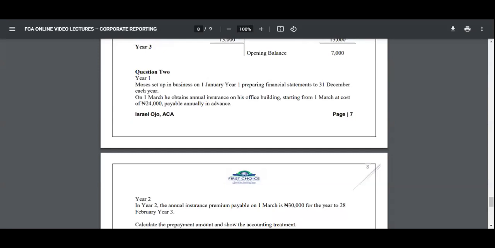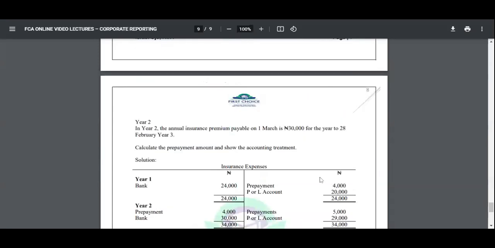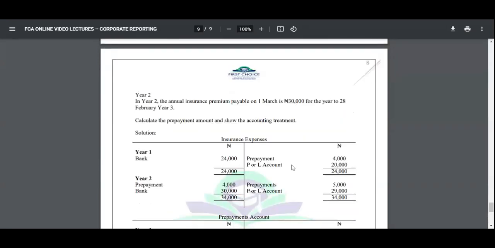So if we divide 24 by 12, it's going to give us 2, times the 10 months that he actually utilized. That's 20,000 naira. That's how we got this 20,000 naira. And the prepayment is actually the difference between the 20,000 and 24,000. That is the months that he carries over to next year, which is January and February. So which is the 4,000 naira difference.